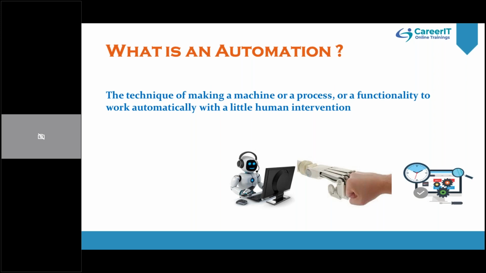It's a simple technique for making any machine or process or functionality of an application work. Functionality of an application is, for example, placing an order on an e-commerce website like Amazon or Flipkart. That entire process or functionality will work automatically by using a simple script. That is what we call automation.